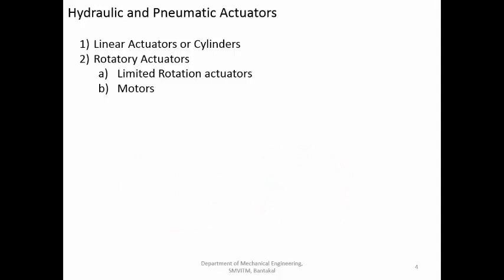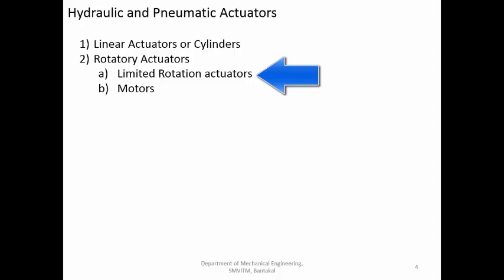So you have a linear actuator with a to and fro motion. The maximum distance the piston can travel is called the stroke length in the case of a linear actuator, and that will be a limitation. In the case of a rotary actuator, you can have continuous rotation or limited rotation. For limited rotation, the upper limit is 300 degrees.